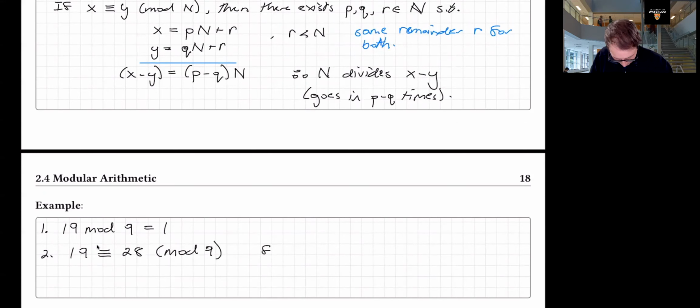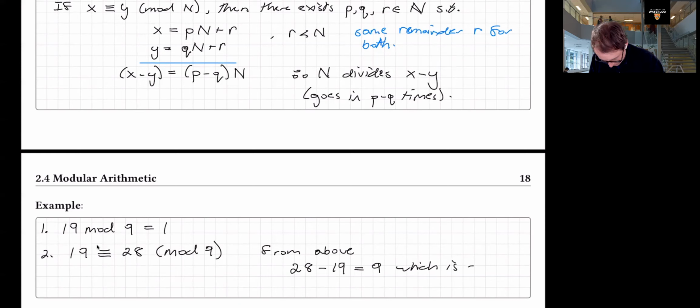And then you can see from above, if we go 28 minus 19 equals 9, which is divisible by 9.